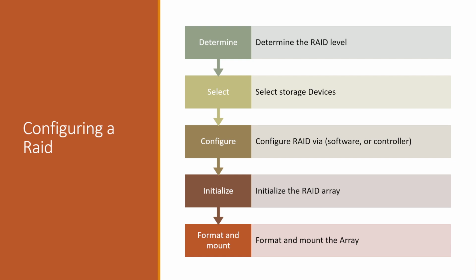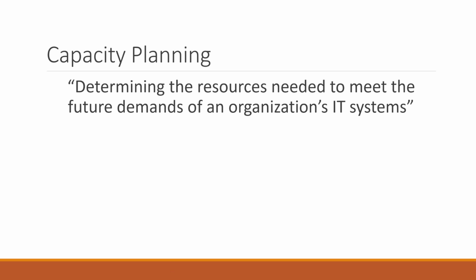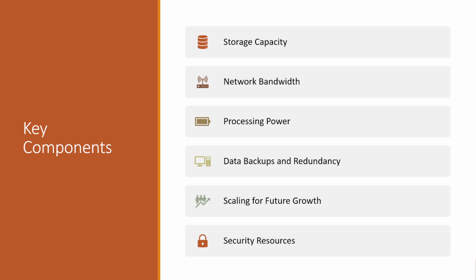Okay. Now, when we're dealing with this, we're going to have to really think about capacity planning. We need to determine the amount of resources needed for future demands within our organization. And so when we're thinking about capacity planning, some of the things we need to look at will be storage capacity, which could be, well, how much space do we need?